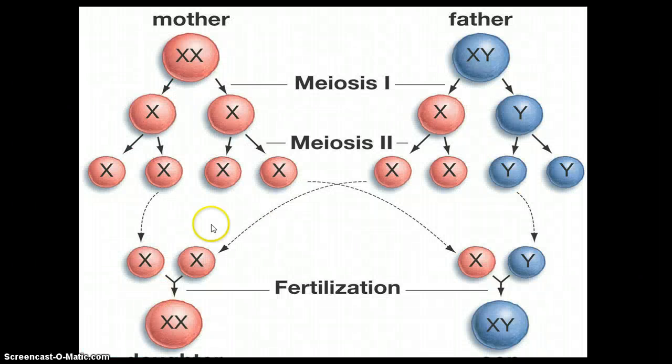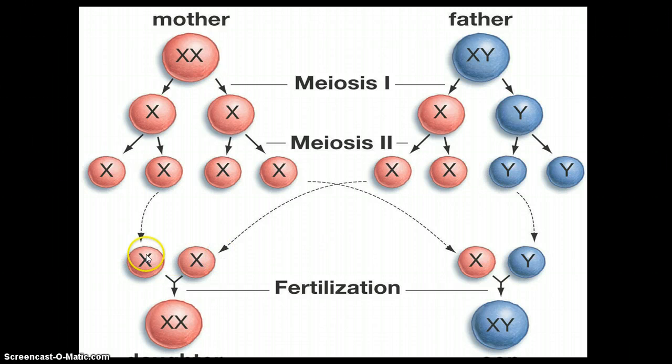What happens is during meiosis, the mother, who is XX, produces 4 cells with one X chromosome in them, while the father, who has XY, is going to produce, for every 1 cell, 2 that will have an X chromosome, and 2 that will have a Y chromosome.